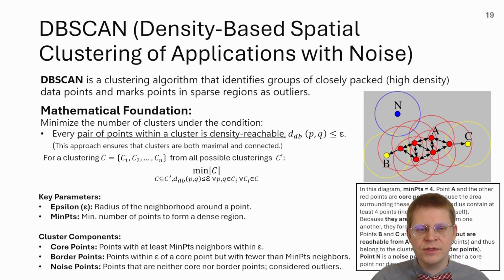Core points form the backbone of clusters, border points connect clusters, and noise points are left unclustered. This makes DBSCAN great, but tuning epsilon and min points is crucial for good results.